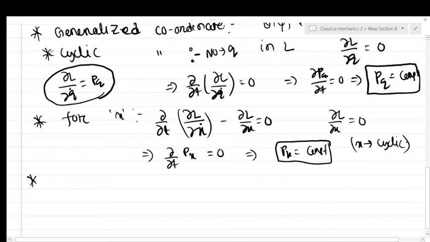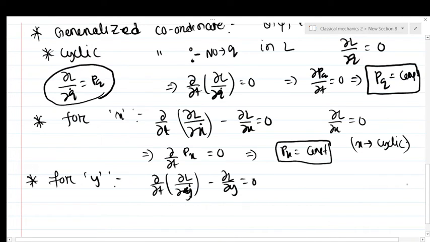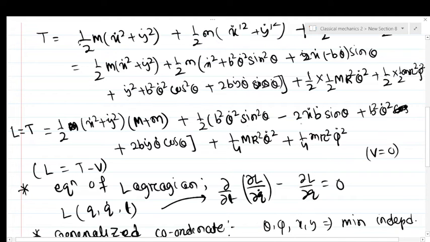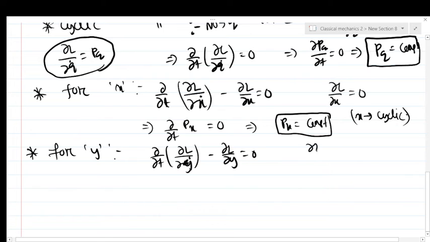And then for y, the equation of motion is like that of x: del L by del y dot, del by del t, minus del L by del y is equal to 0. See the Lagrangian, there is no y term, so del L by del y is equal to 0.